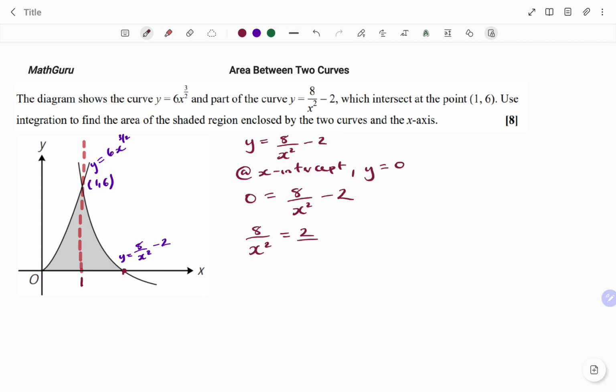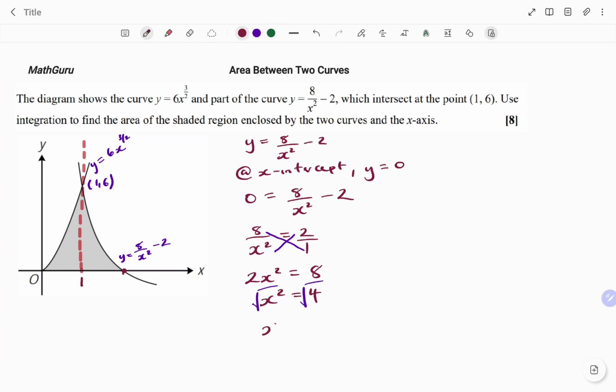Then I have that's over 1. If I cross multiply, I have 8 times 1 and then 2 times x squared. So I have 2x squared equals 8. Dividing both sides by 2, I have x squared equals 4. And to find the value of x, I find the square root of both sides.